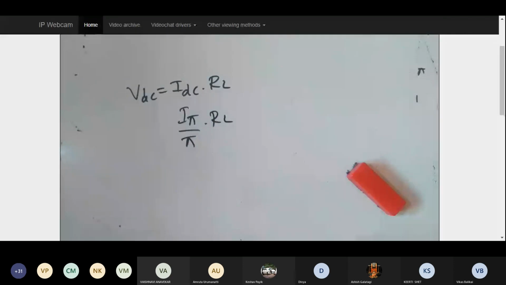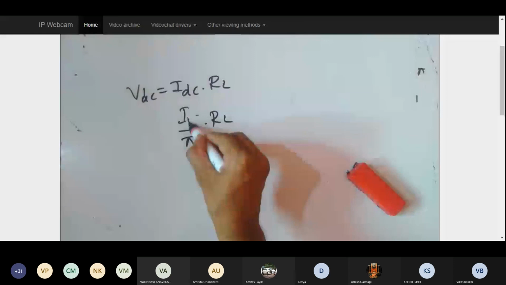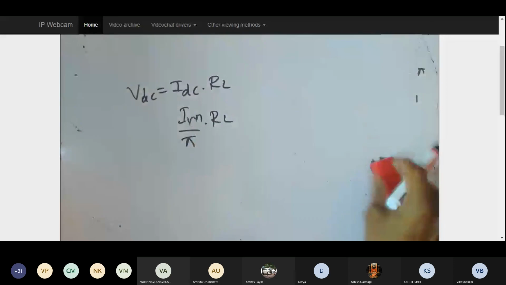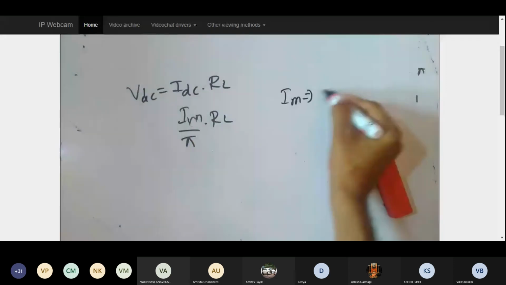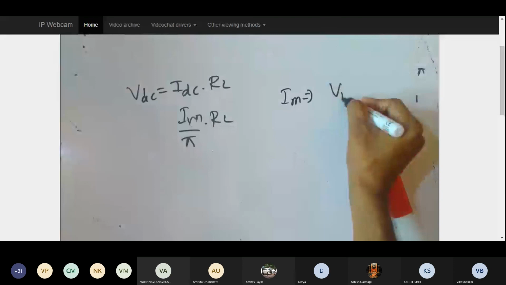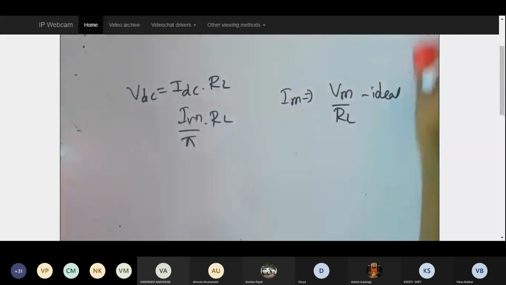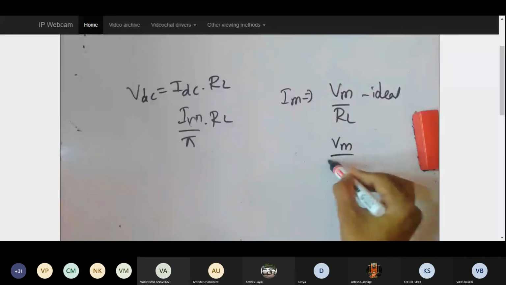If you remember, in the beginning I told you Im can be represented as Vm by RL for an ideal diode. That's what I took here, Vm by pi. Or when we take the practical diode condition, it is Vm by RF plus RL.